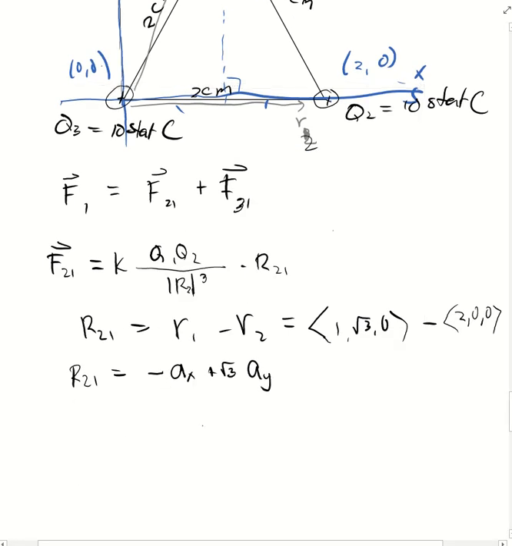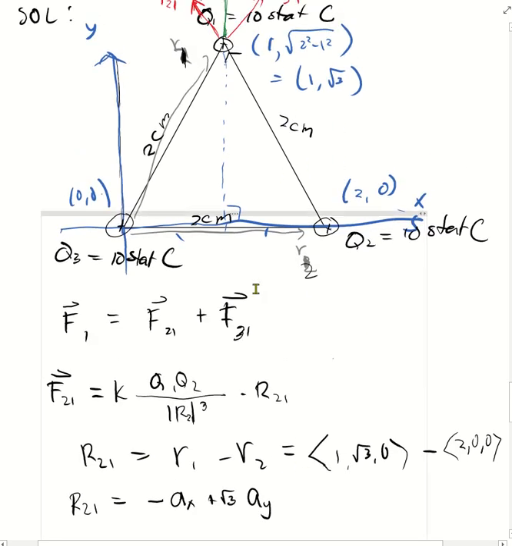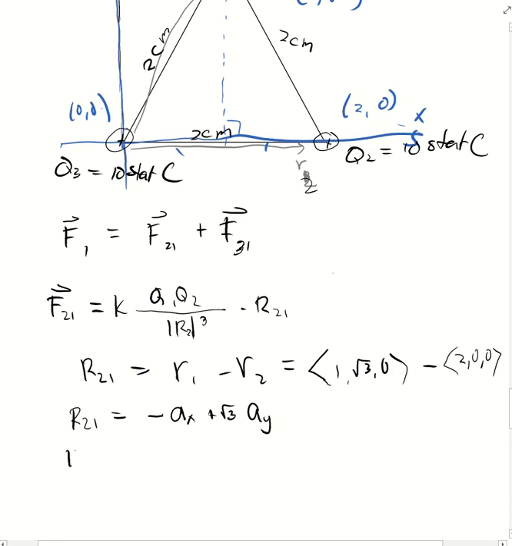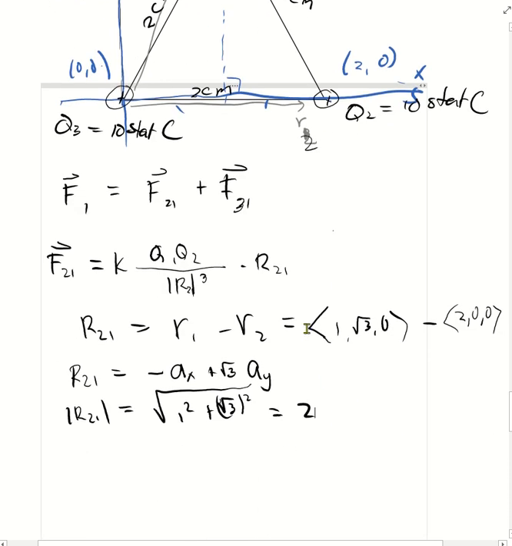The magnitude of R21 is simply equal to 2 centimeter. We know that it's 2, but if we solve using the vector we derived, the formula is 1 squared plus square root of 3 squared. Square root of 3 squared is 3, plus 1 is 4, and the square root of 4 is just 2. So basically, the 2 centimeter here is correct. Even if you don't know that, you can still use this.